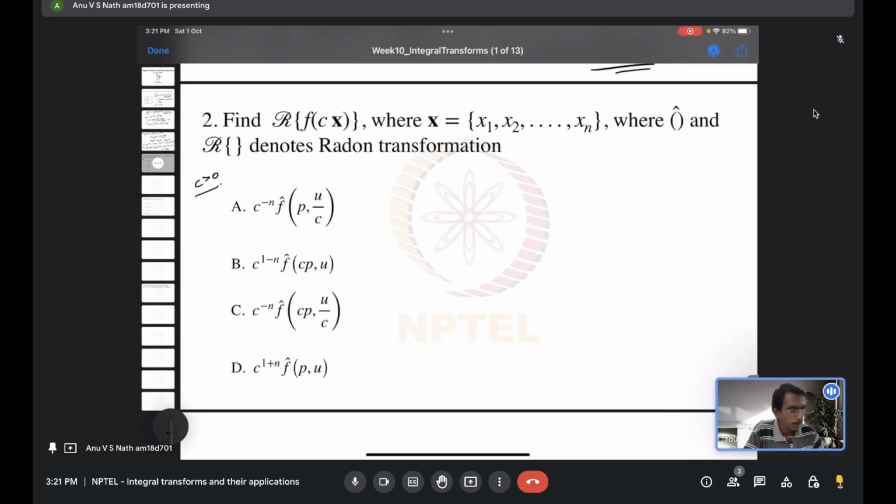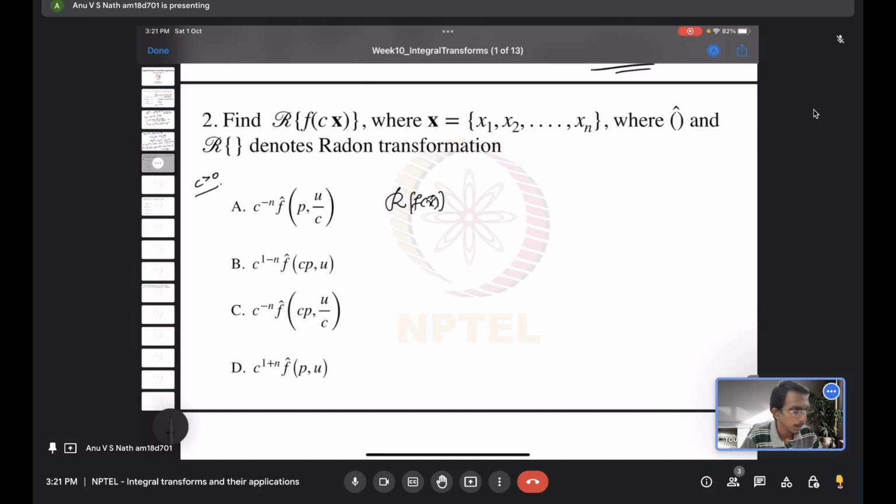So I will now explain how we can do this. So from the basic definition, the Radon transform of any function, generalized version, let's say f is a function of the vector x. So here note that the bold x denotes a vector.